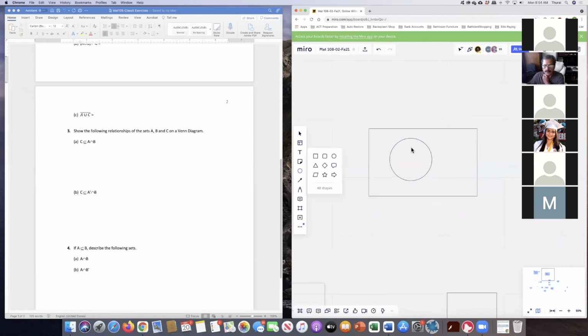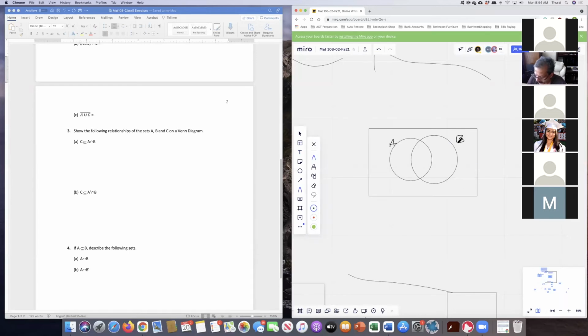They have a common area now. So what is A intersection B? This is A and this is B. A intersection B is the common area right here, the middle.